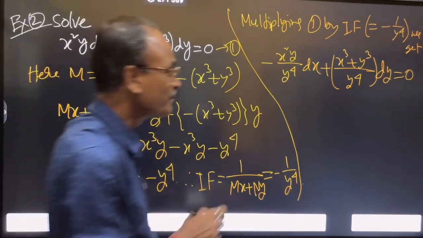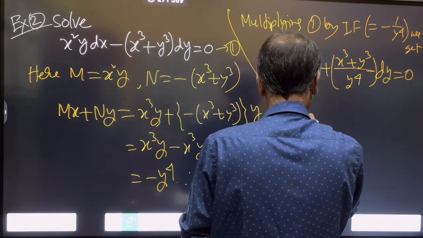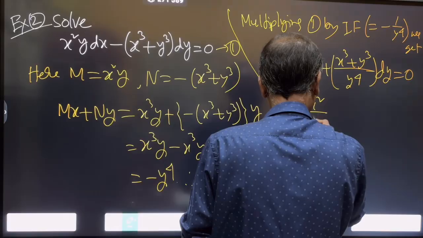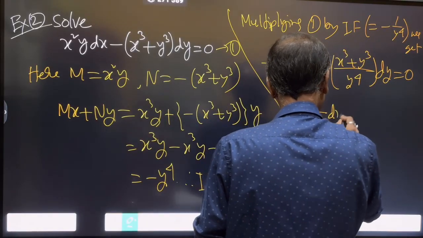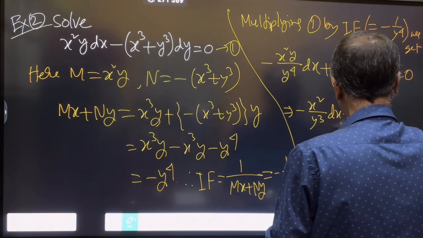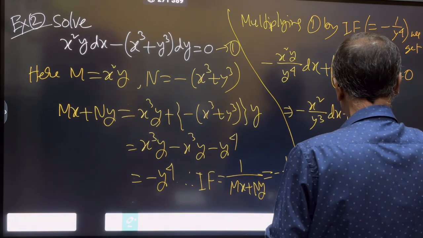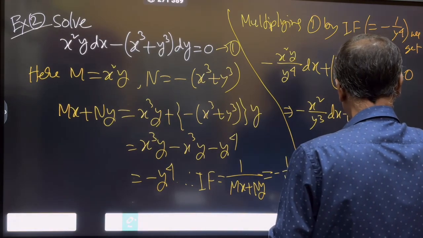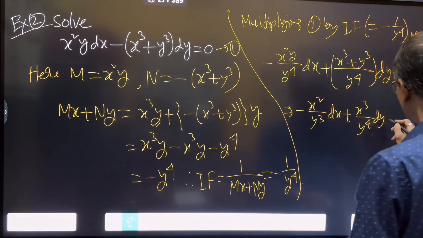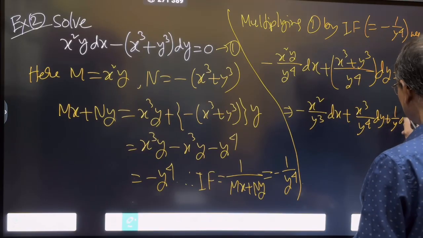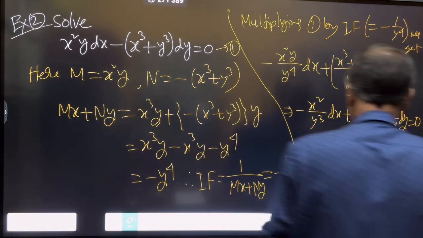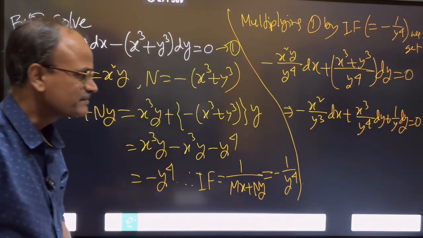Or minus x square by y cube dx plus x cube by y to the power 4 dy plus 1 by y dy equal to 0.